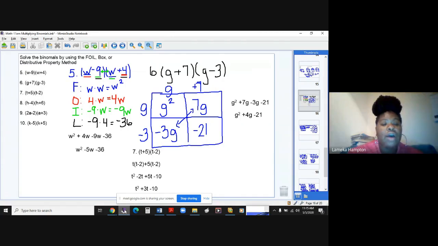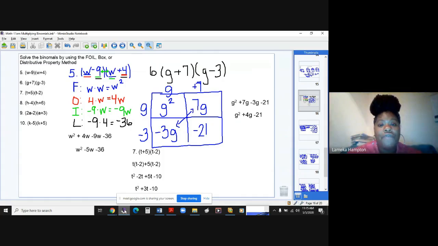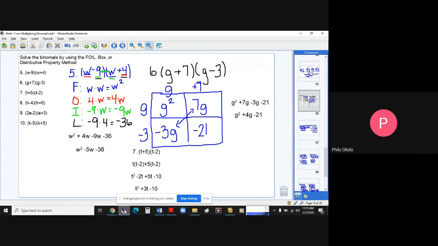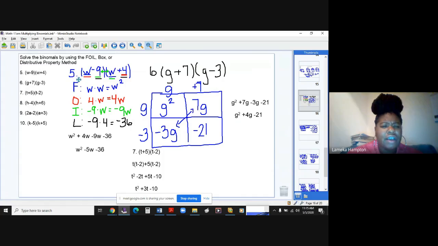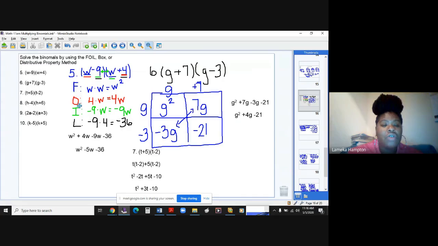Okay, the reason is I'm using everything twice because of the position of FOIL. For example, F stands for first. So I am using the first terms that are in the binomial, which would be W. O stands for outer.